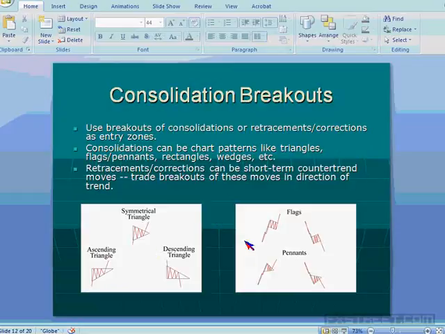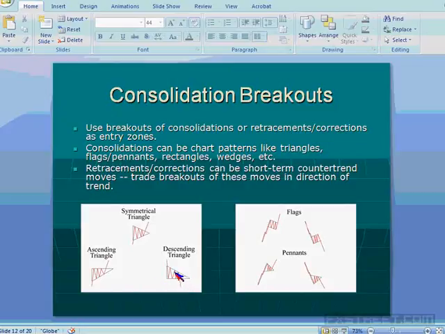Consolidation breakouts. All these, if you look at these little diagrams here, all they are is breaks of consolidation, okay? Breaks of support and resistance. When you take a look at it, what is a descending triangle but a downtrend resistance line and a horizontal line. And you're looking for a break, okay? Downside. Descending triangles, just as an example, are usually bearishly biased.